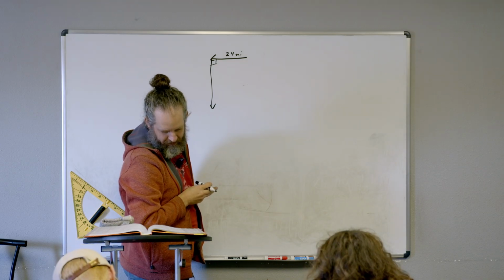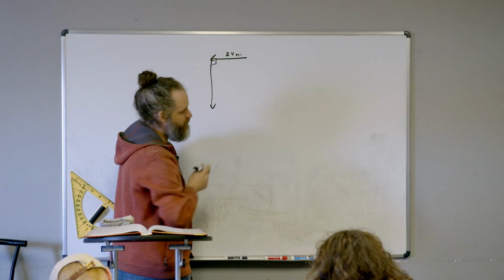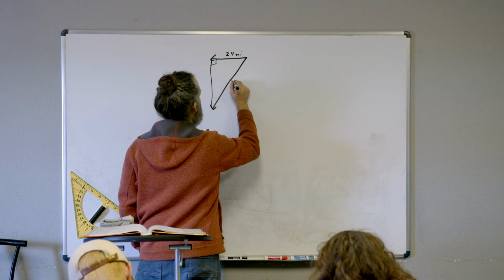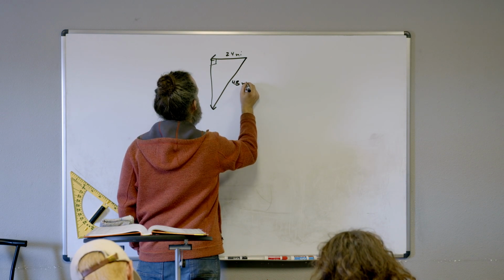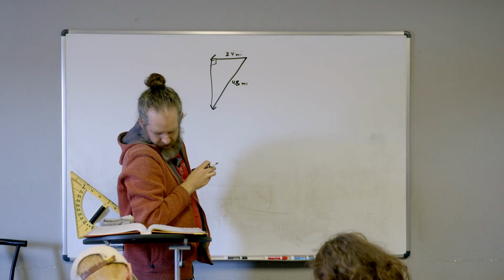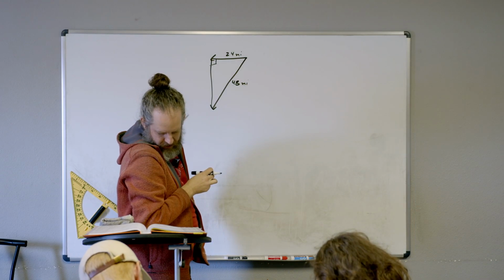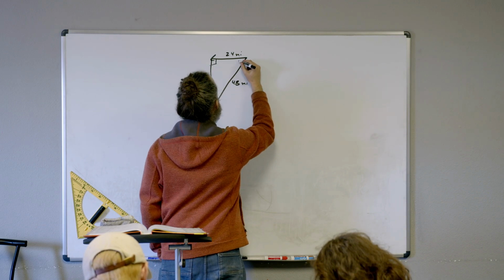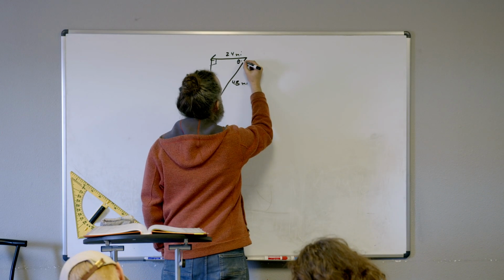The rescue boat found that the fastest route was straight to them. 48 miles. Find the angle at which the rescue boat should travel to aid the cruise ship. They even label in the picture where the angle should be.